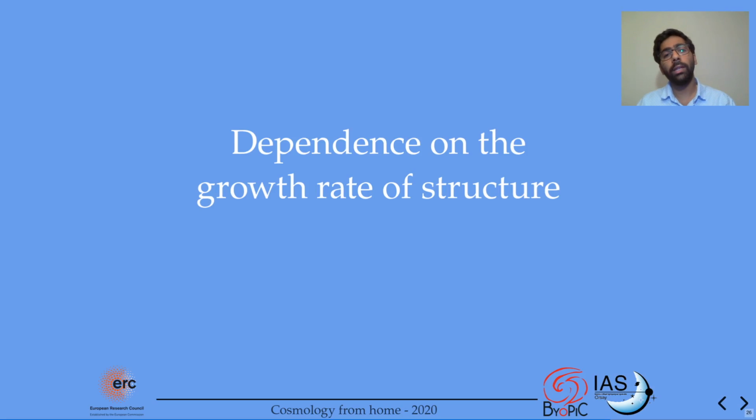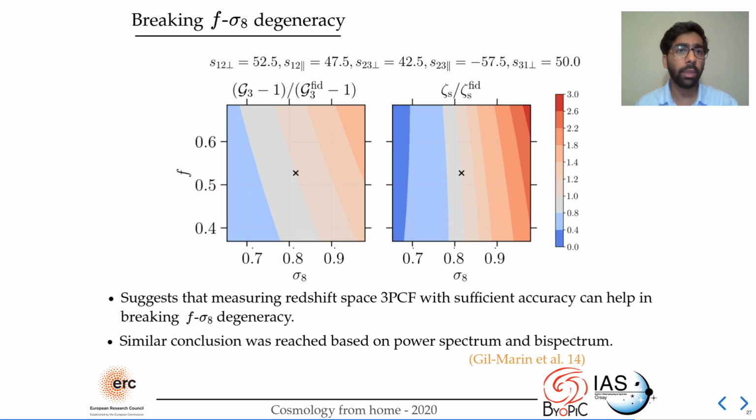Now, so far we started by saying redshift-space distortion is a good tool to measure growth rate. However, we wanted to see how the redshift-space correlation function depends on the growth rate of structure. What we found is that the 3-point correlation function is able to assist in breaking the f sigma 8 degeneracy when combined.